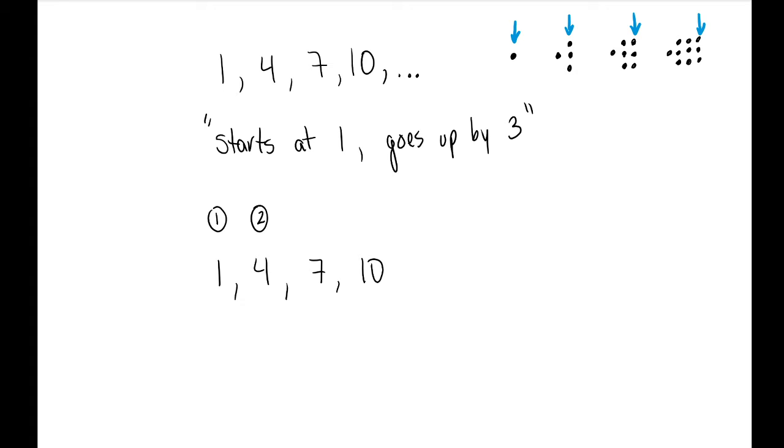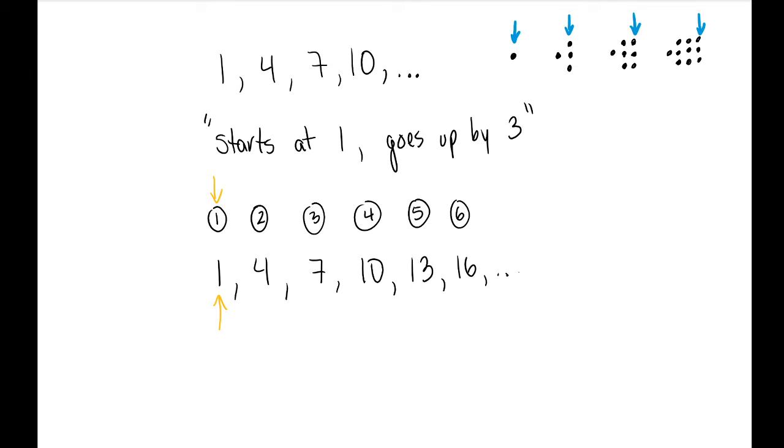So that's position 1, 2, 3, 4. If I continue the sequence, going up by 3 each time, my next item would be 13, in the 5th position. Then 16 follows, in the 6th position, and so on. This now gives me a way of referring to the position in the list, and also knowing what's in that position.